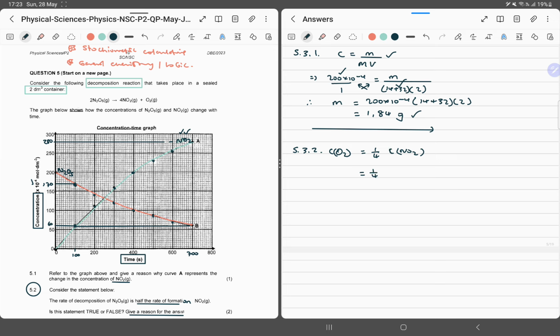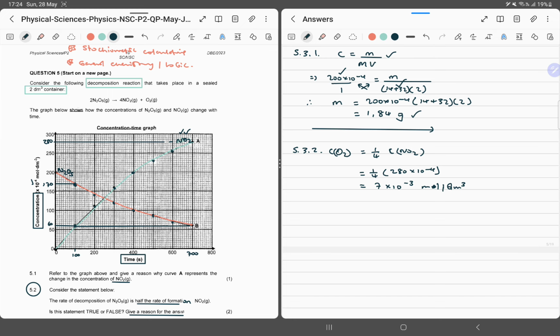So this is a quarter of, now this is 280 times 10 to the minus 4. So let's see. Now I've got a quarter of 280 times 10 to the minus 4. Okay, so this is now 7 times 10 to the minus 3 mole per decimeter cubed. Okay, that's fine.